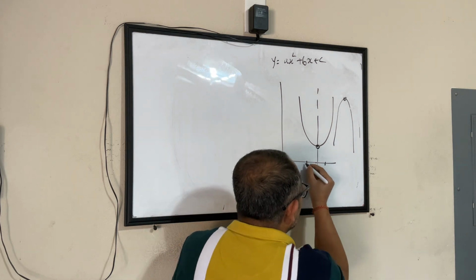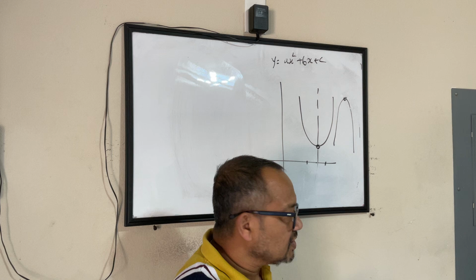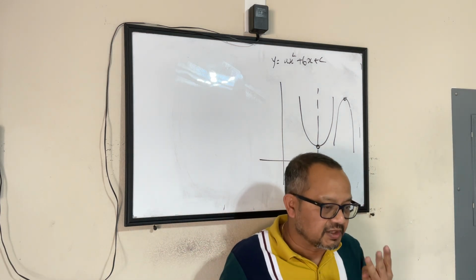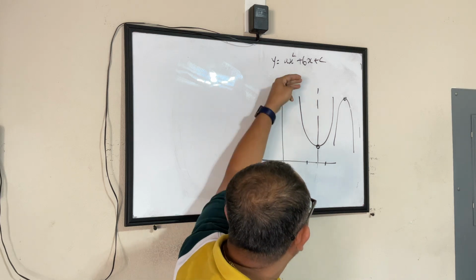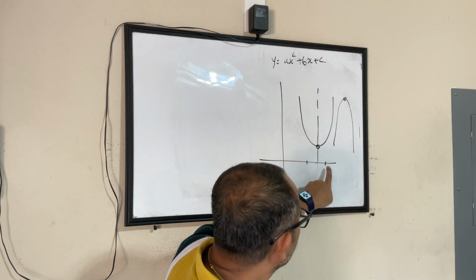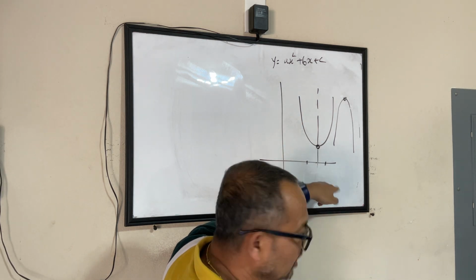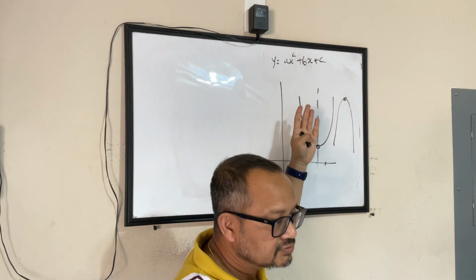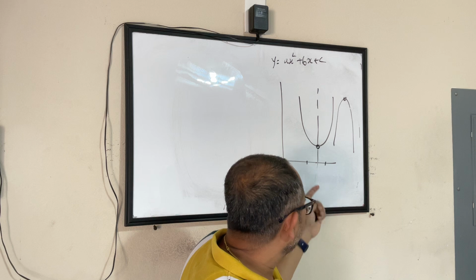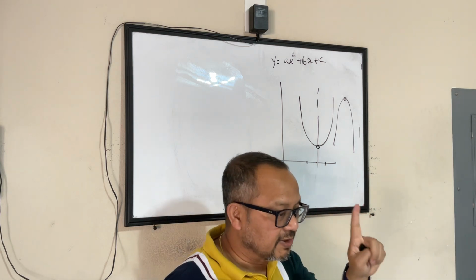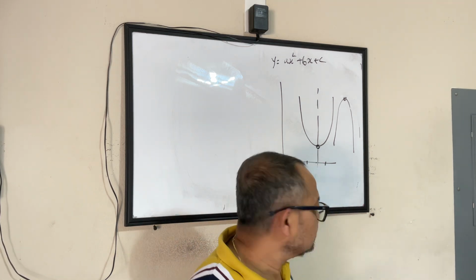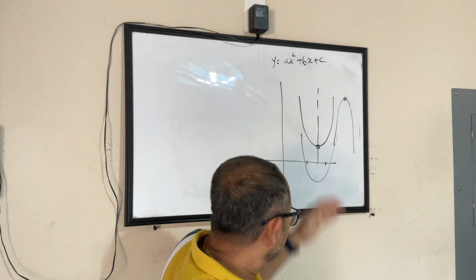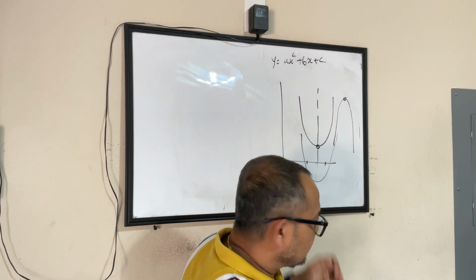So that will help you determine what are the points where it's touching or intersecting the x-axis. So there are three scenarios that we can think of. One is when it's not even touching or coming closer to the x-axis, so there will be no zero. One scenario when it touches the x-axis at only one place, there will be 1 zero. And third scenario is when it crosses and goes further below, so it has 2 points.